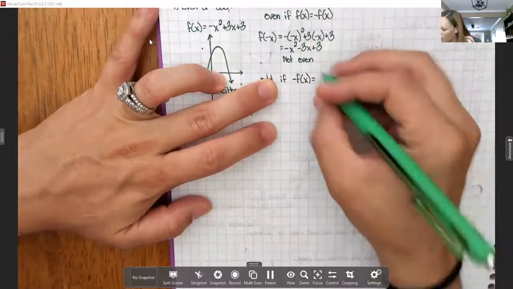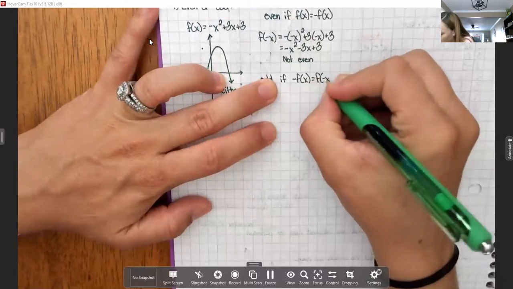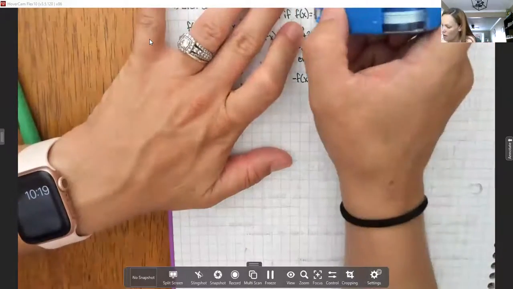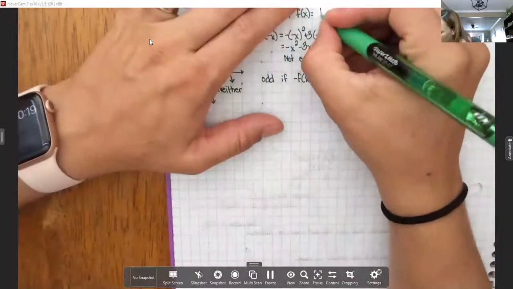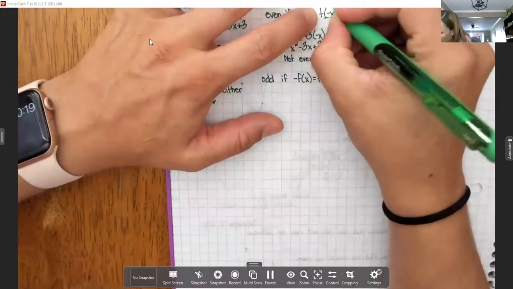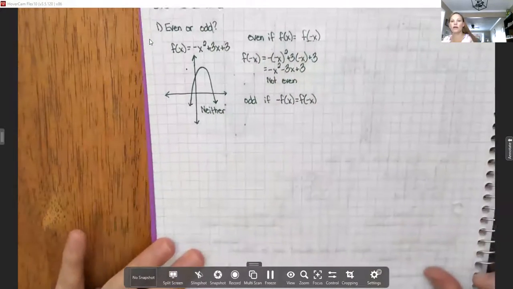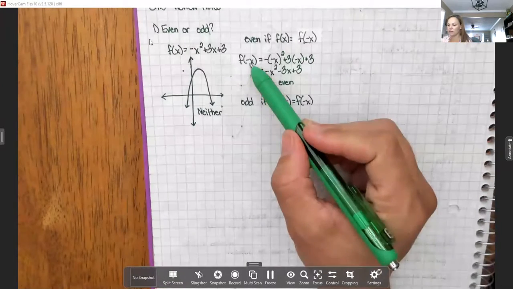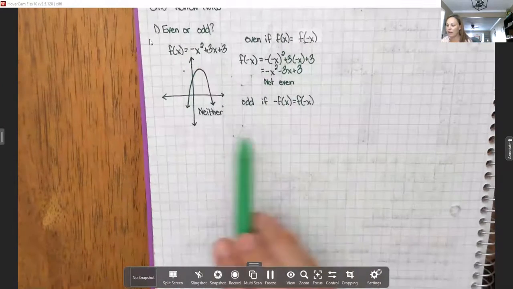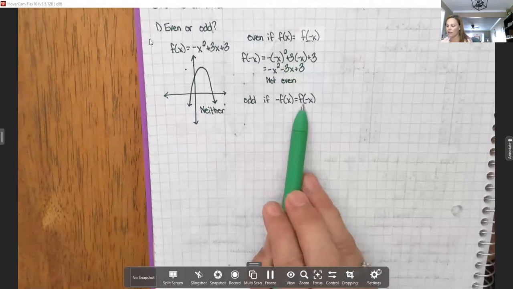Oh, I wrote that backwards. Let me wipe that out in just a second. That should be a negative inside the parentheses, sorry. So it would be even if f of x is equal to f of negative x. Those weren't the same. It's odd if negative f of x is equal to f of negative x.